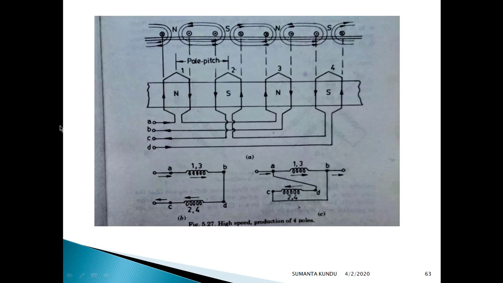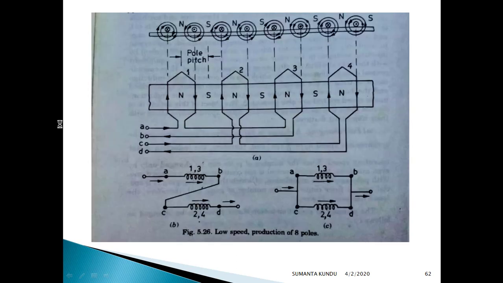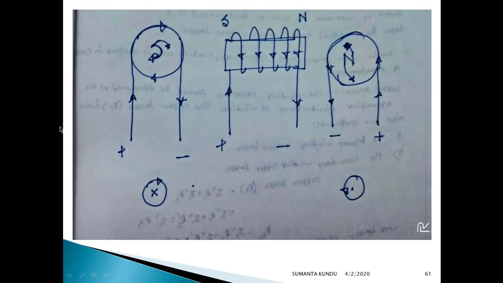Now, before we go further into the details of the pole changing method, I will give a brief idea of how a north pole and south pole are produced. So this is the south pole. If we extend this arrow, the rotation is clockwise, whereas for N it is anti-clockwise.